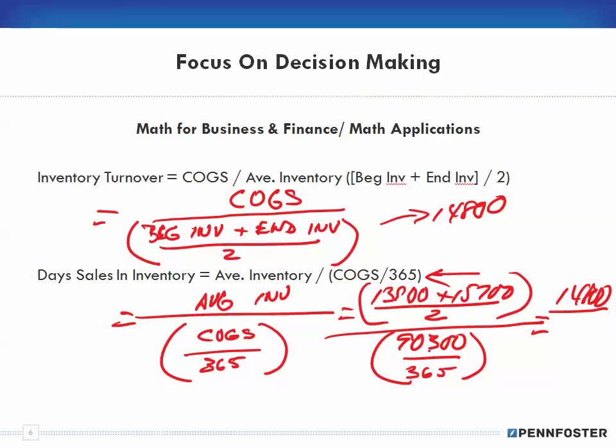Okay. And then of course I have to do the math here for the 90,300 divided by 365, which gives me like 247.39, right? And then when I divide one into the other, you end up with 60 days. And they round that, all right? So let's do it. 14.8 divided by 247.39.